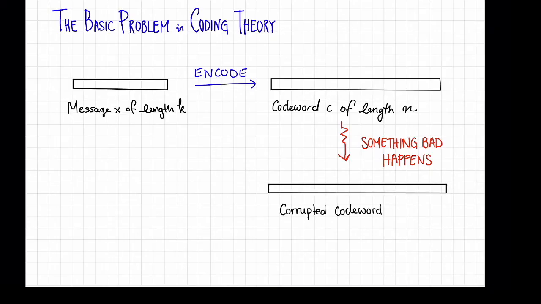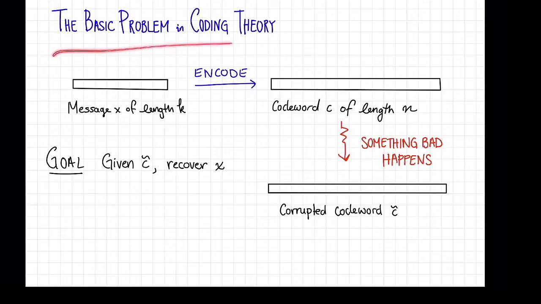Let's call it ctwiddle. And the goal in coding theory is to come up with a way to define this encoding map so that, given the corrupted code word ctwiddle, or maybe given some partial access to it, we can recover x, or maybe recover something about it.